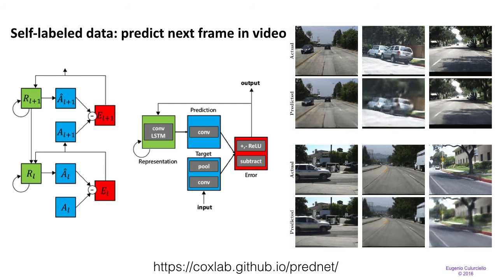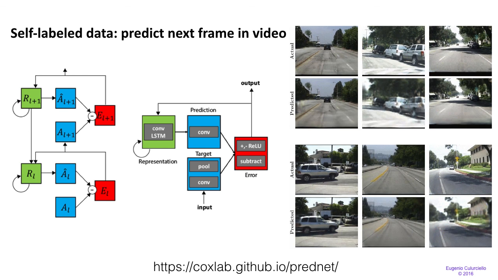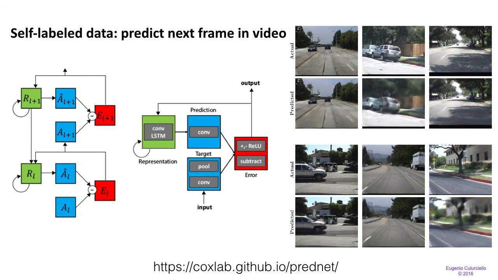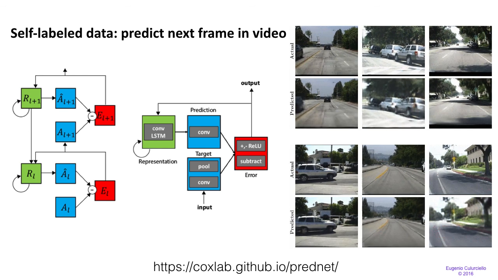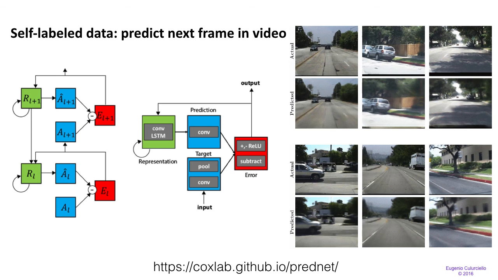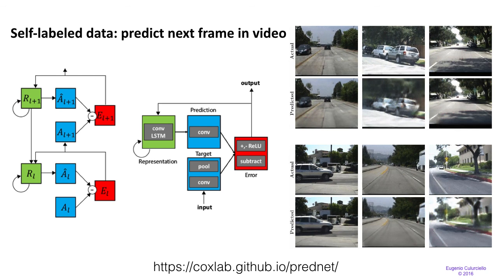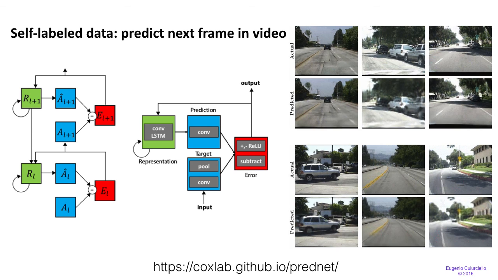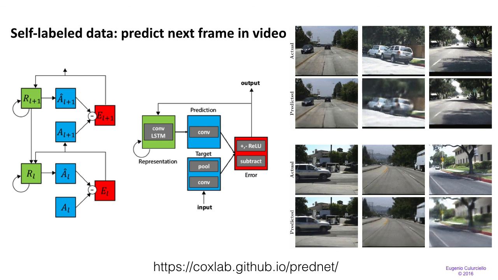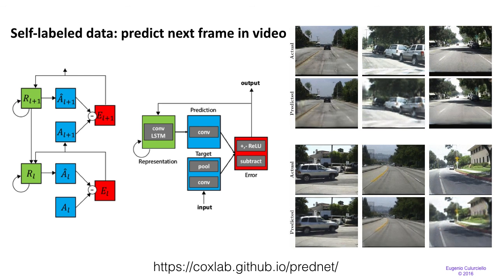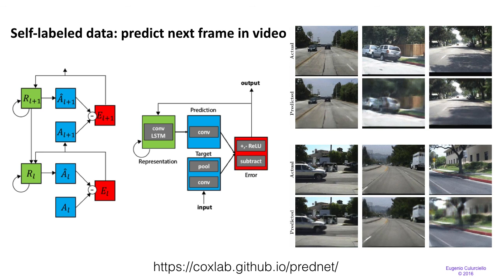What I think is much more interesting instead is the PredNet by the Cox lab, which is a very interesting neural network that is really quite bio-inspired. It's designed around the idea of predictive coding.